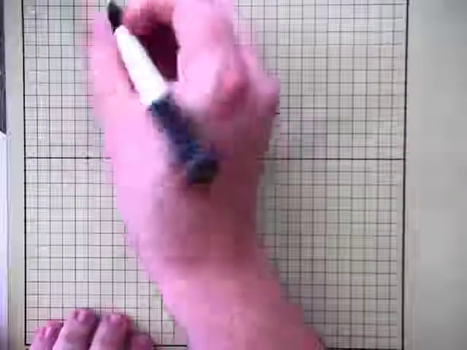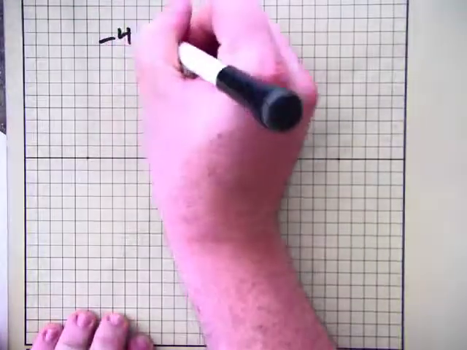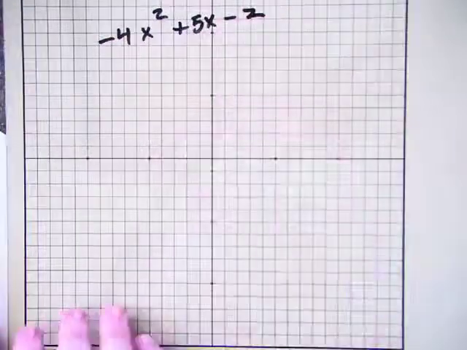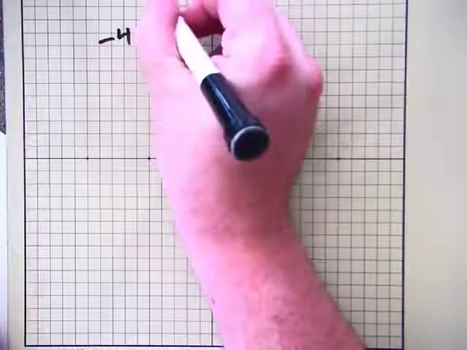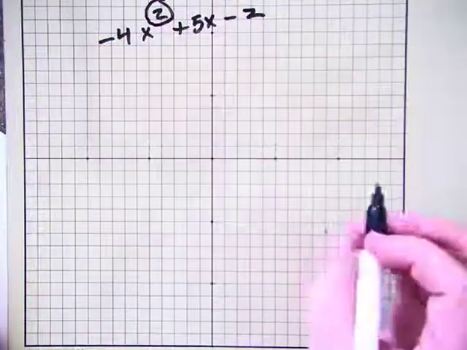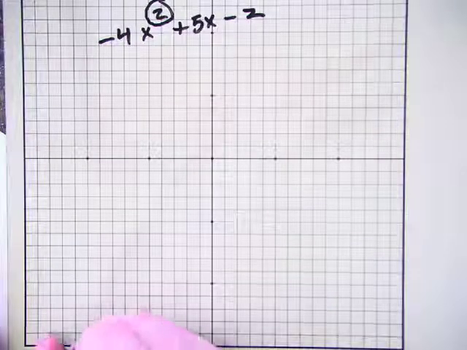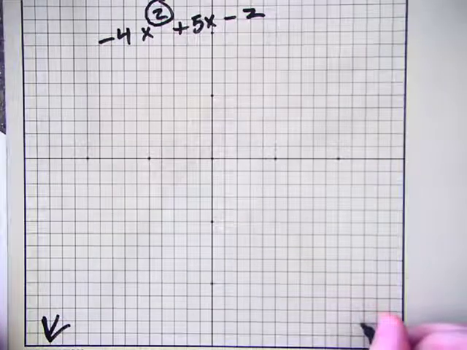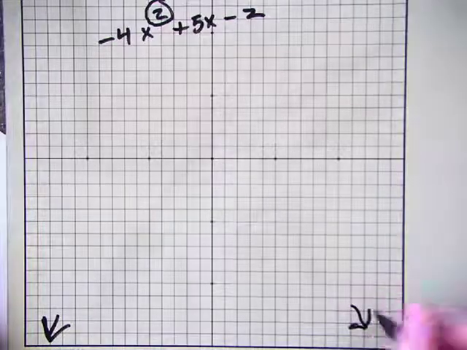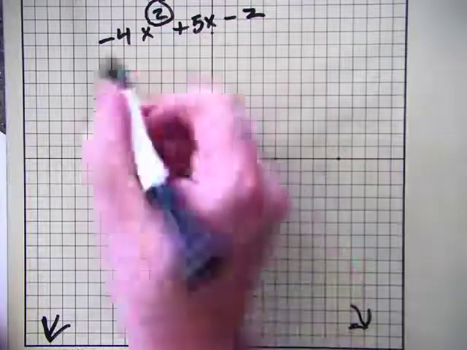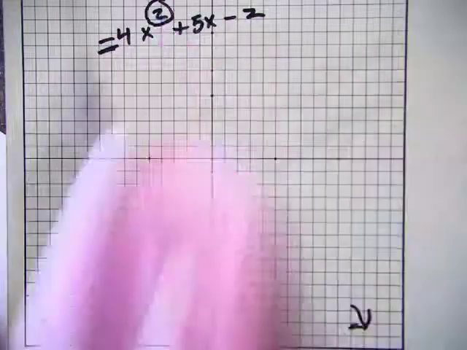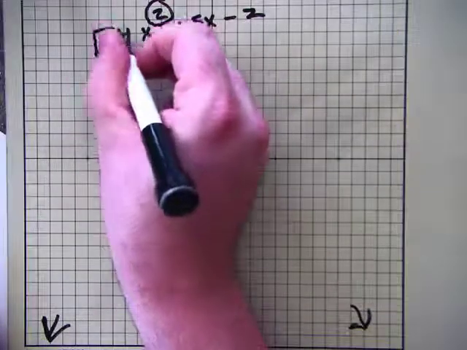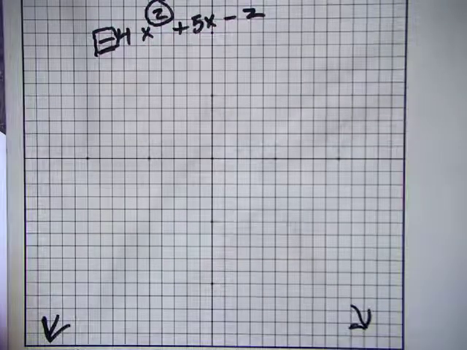So if we have negative 4x squared plus 5x minus 2, okay, it's an even degree, so I know both sides are going to end down here, okay, and I know that because it's negative and even, okay. So because of those 2 bits of information right there, I can tell where it's going to start and end.